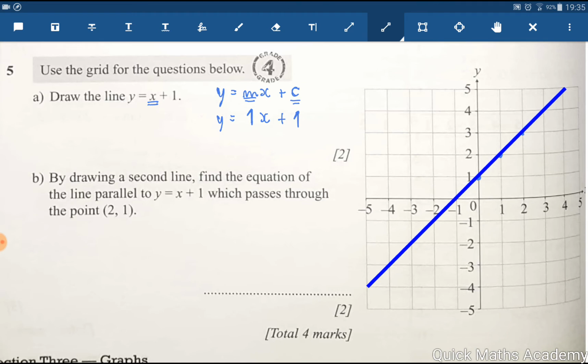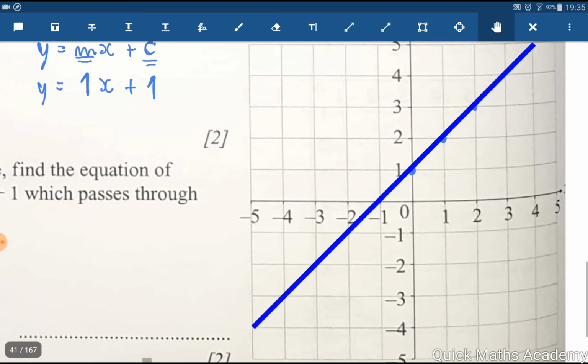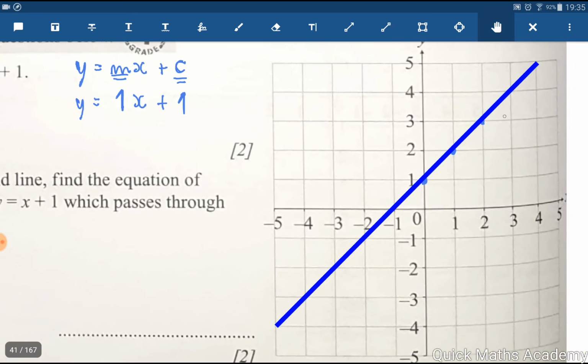And this is my line, all over those dots. We just have to label it. y equals x plus 1, okay, and there you have it.